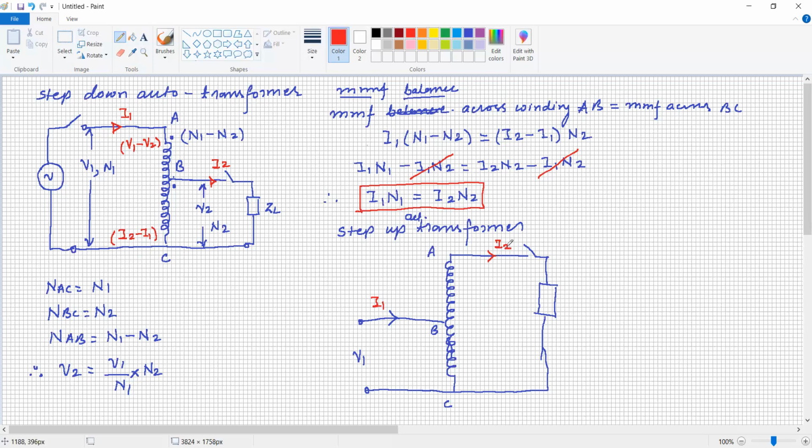Here the current I2 is smaller because it is on the HV side, so it is I1 minus I2.